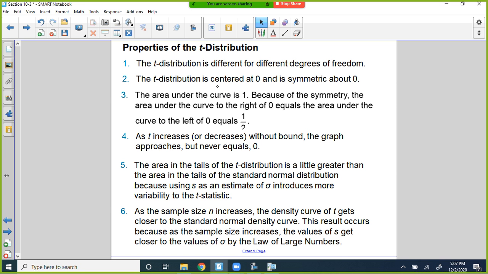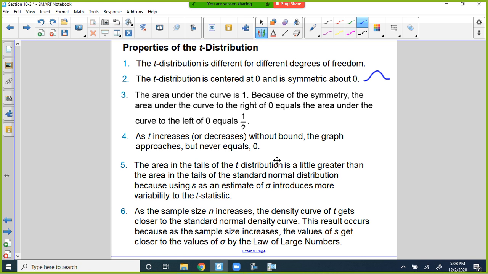Now, properties of the t distribution. T distributions differ for different degrees of freedom, right? So we've got degrees of freedom that come into play here. The t distribution is centered at 0 and is symmetric about 0. Basically saying it's normally distributed, and what I mean by normally distributed is the bell-shaped curve, right?